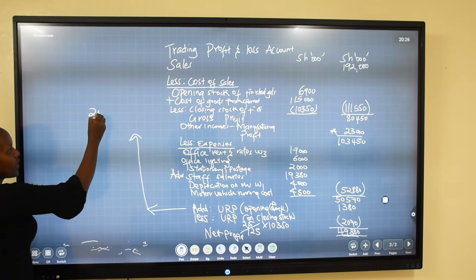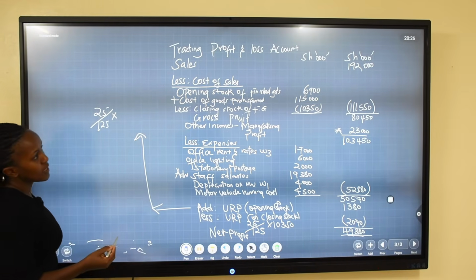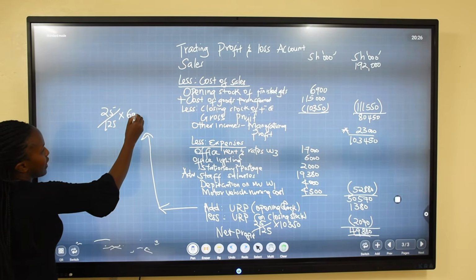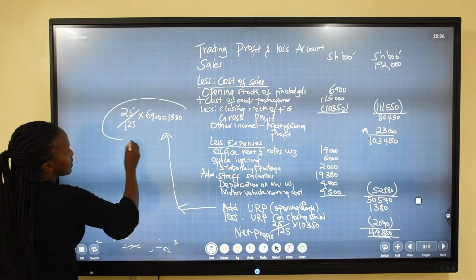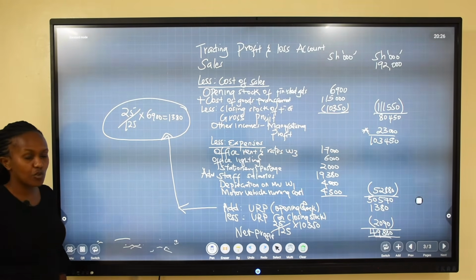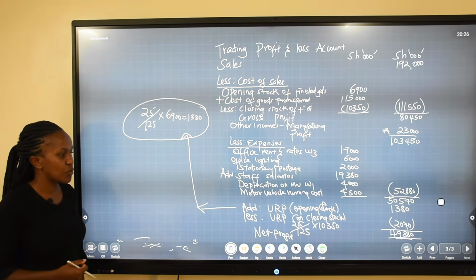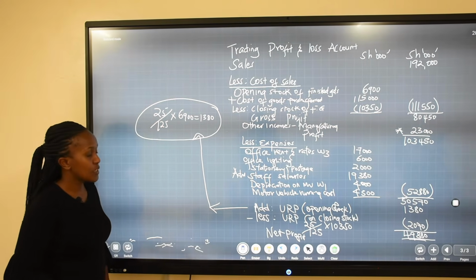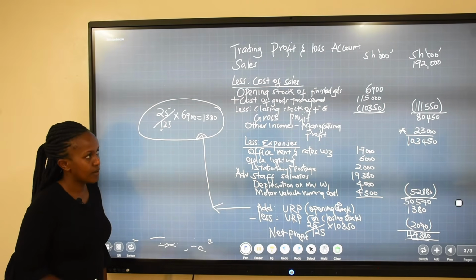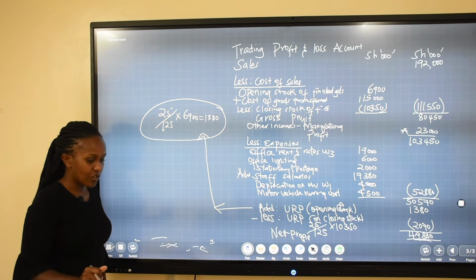It would be still 25 over 125 multiplied by opening stock. Opening stock was 6,900. So this is where you got the 1380. Had you not been given, you would have computed it the same way we have computed the one for closing stock. So simply, that is how now you prepare the trading profit and loss account for a manufacturing organization.